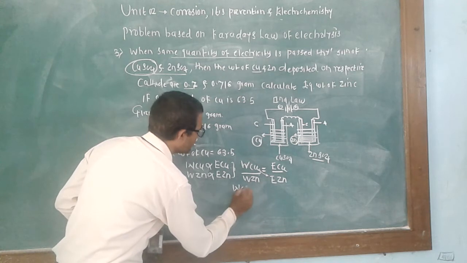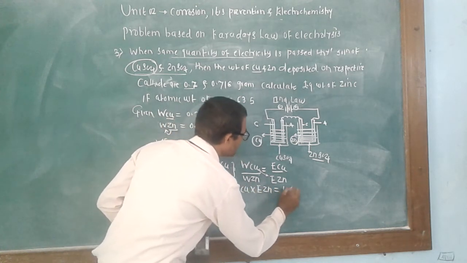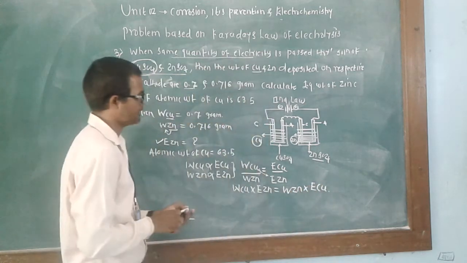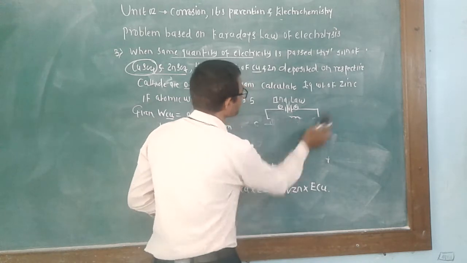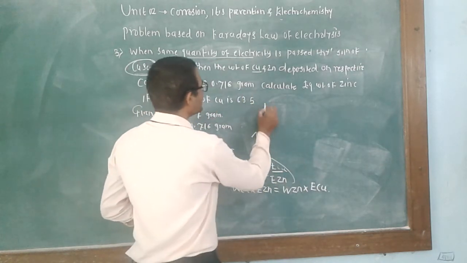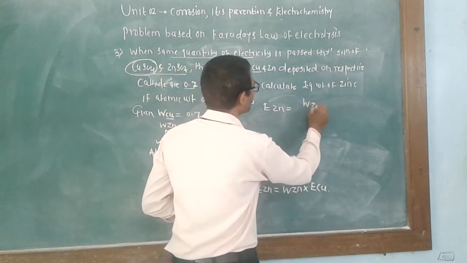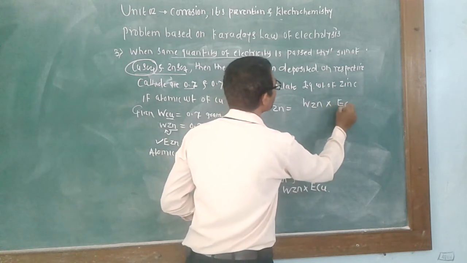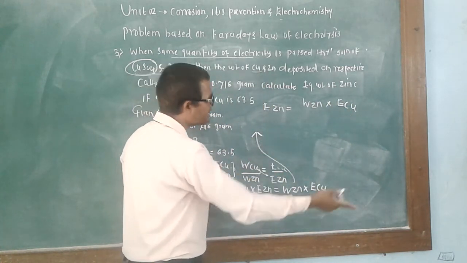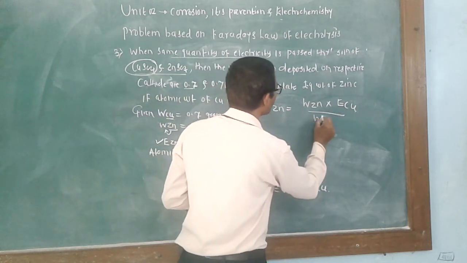You will get W copper multiplied by E Zn is equal to W Zn multiplied by E copper. So E Zn is equal to W Zn multiplied by E copper, divided by W copper.